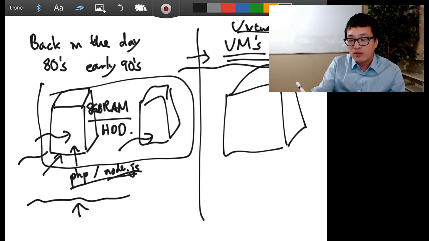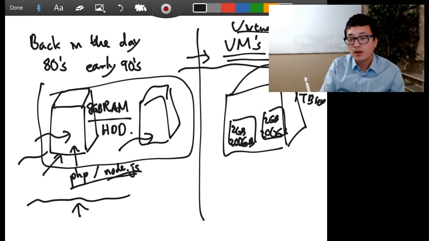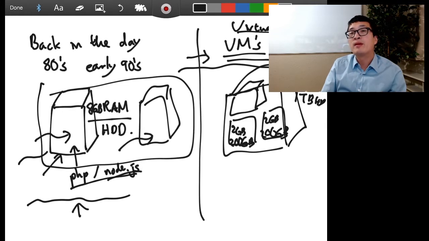Let's say 8 gigabytes of RAM is available for this giant computer. I'm going to dedicate 2 gigabytes here, 2 gigabytes here, and let's say I have 1 terabyte of hard drive. Maybe I'll dedicate 200 gigabytes here, 200 gigabytes here, and they can set up multiple virtual machines using software inside a single computer.